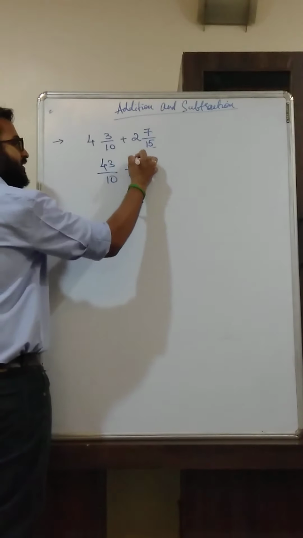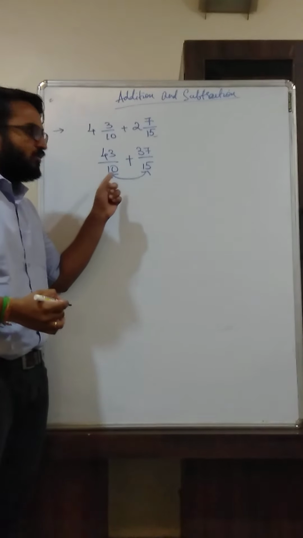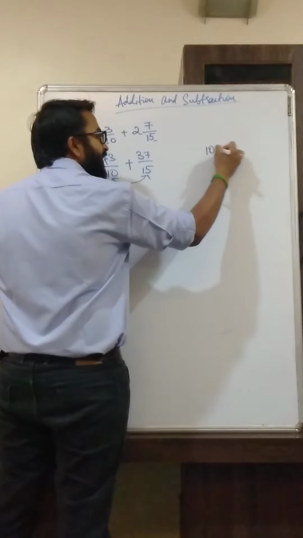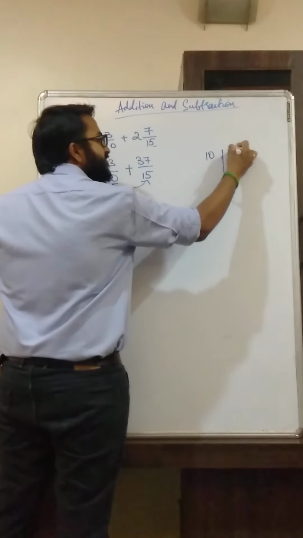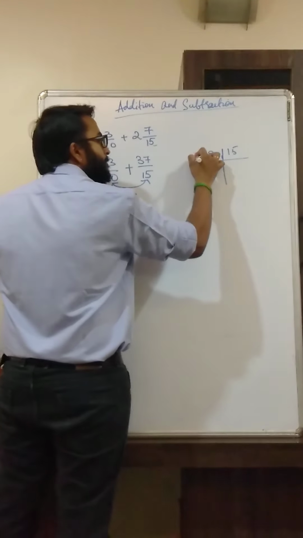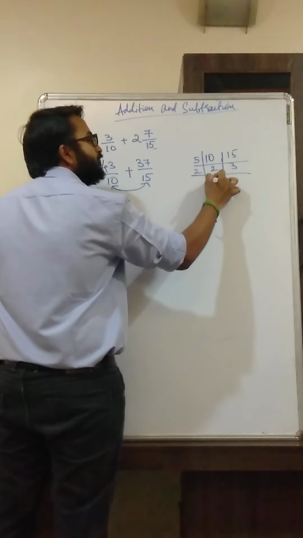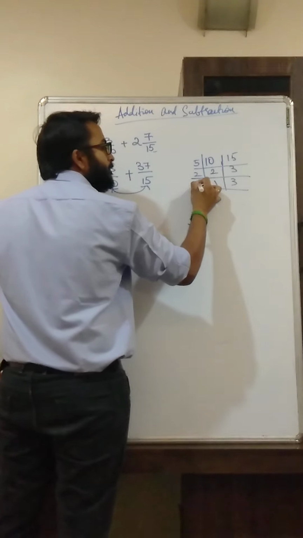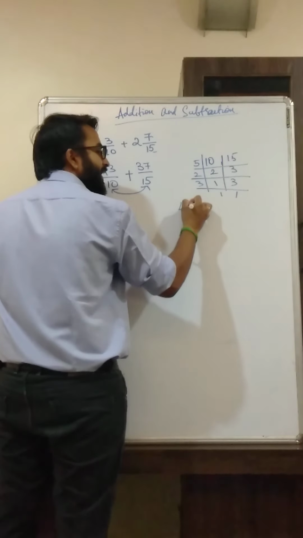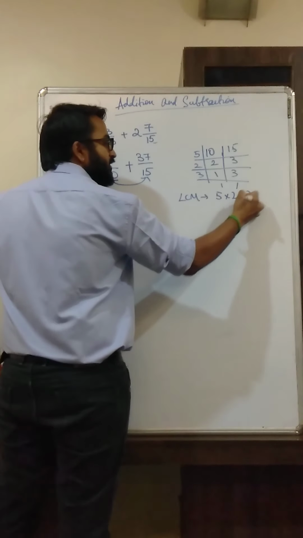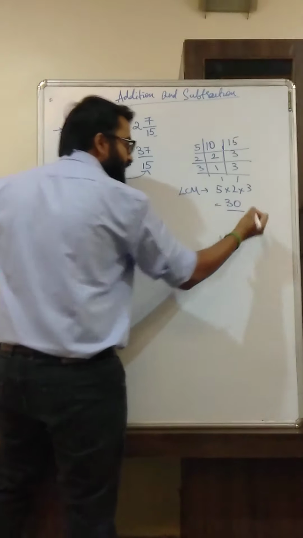So these two are the improper fractions. Now you have to make these two denominators same by taking LCM. So 10 and 15. So LCM of 10 and 15 is 5 into 2 into 3, that is 30.